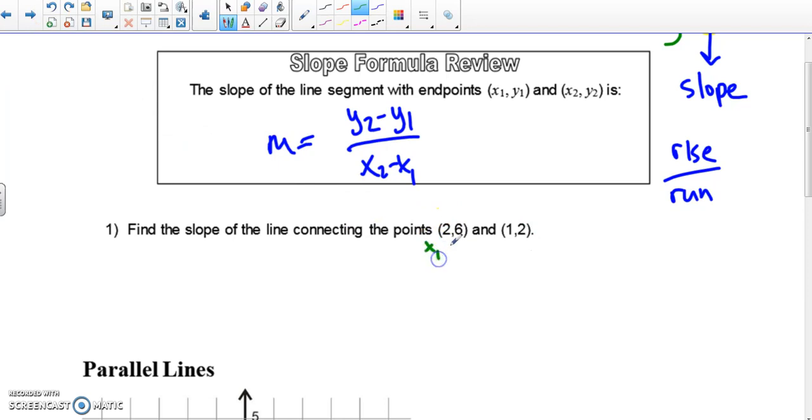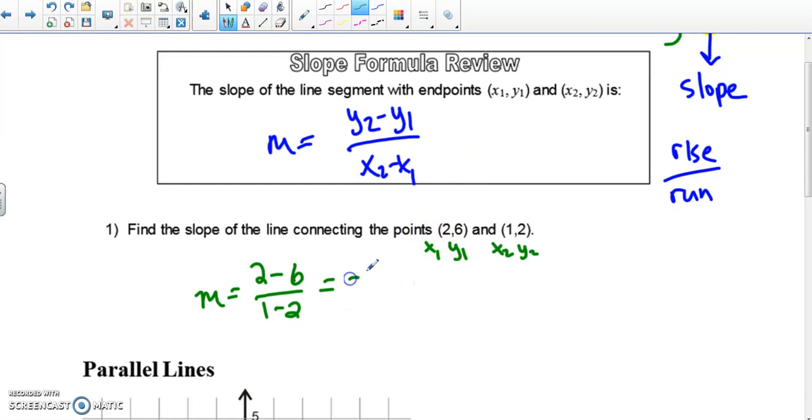So like we did at the beginning of the year with our distance and midpoint formulas, you can label those x1, y1 and x2, y2, and just really carefully plug it into our formula. So we have y2 minus y1 over x2 minus x1.